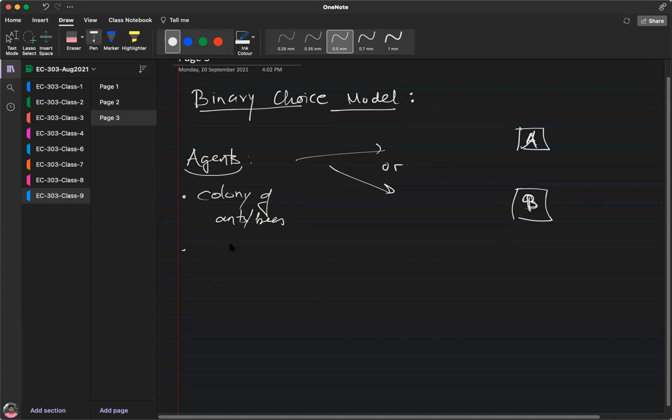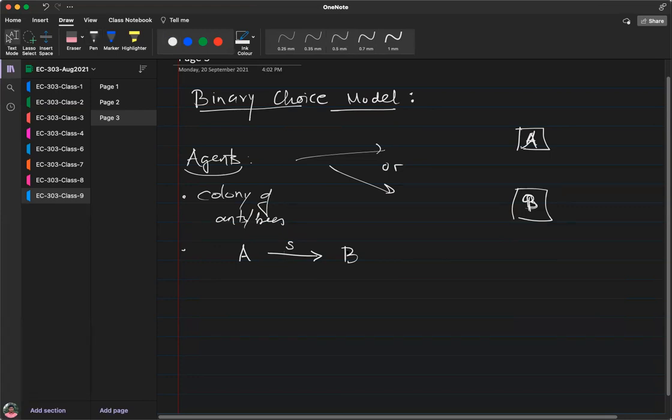Let's say there is an individual who is in state A. There is some chance that this individual spontaneously decides, at some rate S, to move to state B. So an individual in A spontaneously decides to go to B.